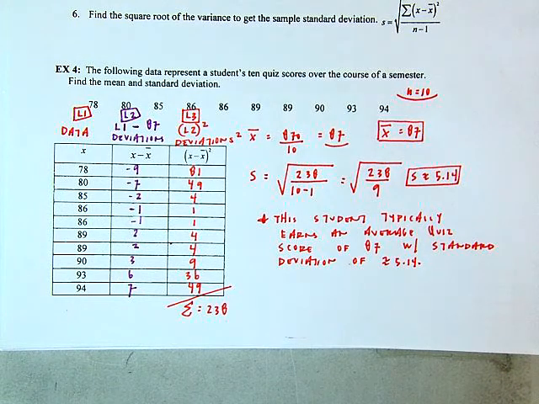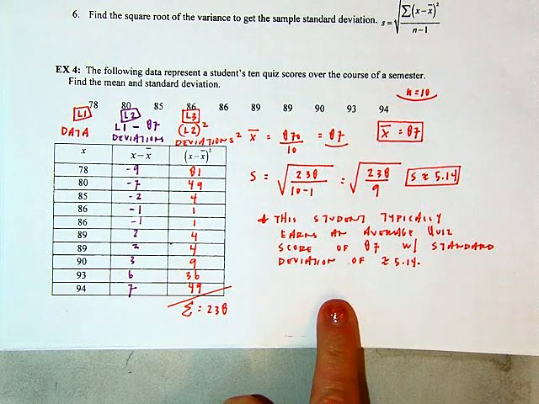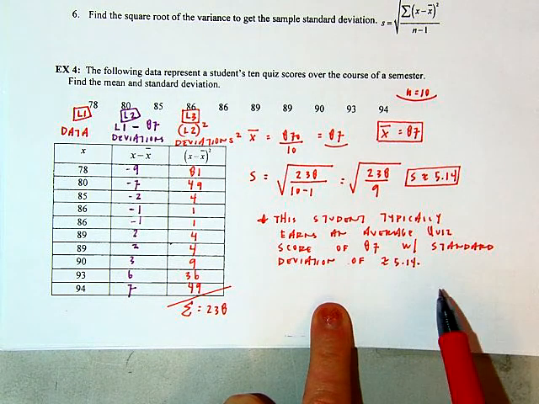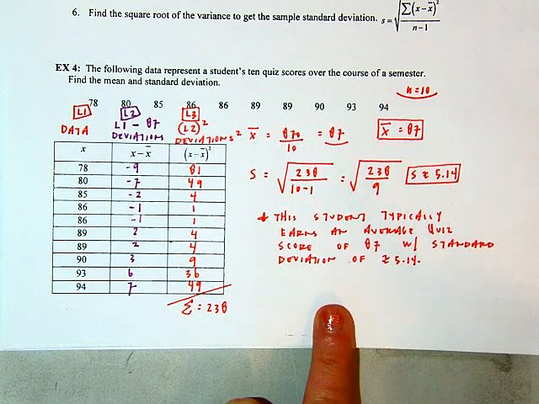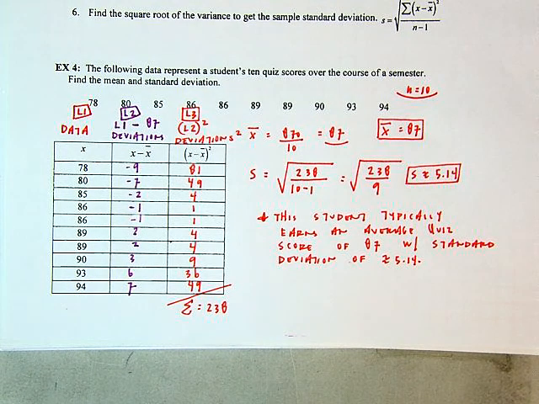We're saying this is how far a typical value falls from the mean. So if I picture my 87, I'm picturing adding 5.14 and subtracting 5.14 and saying that that is where the bulk of my data should fall.